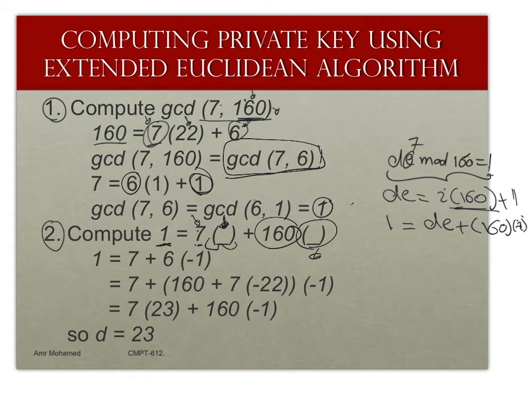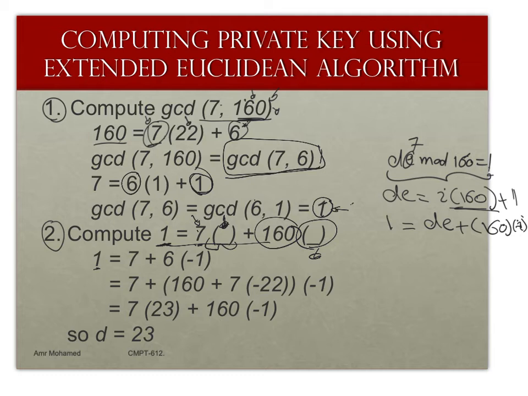So the extended Euclidean algorithm is made for this. The systematic steps are based on the fact that we go from the greatest common divisor and do reverse engineering, saying that this 1 can be a linear combination of certain numbers based on the 7 and the 160. How do we do this? We start from where we ended here. The greatest common divisor of 6 and 1 is 1.